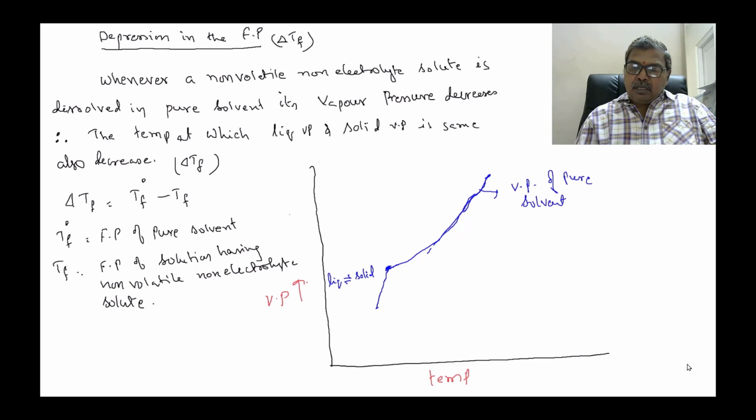Now, suppose at the same temperature, if small amount of non-volatile, non-electrolyte solute is dissolved, its vapor pressure decreases, right? And again solution is cooled, then at this point, the vapor pressure of the solution and the vapor pressure of the solid both are same.